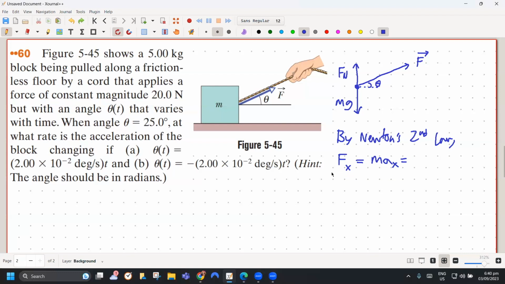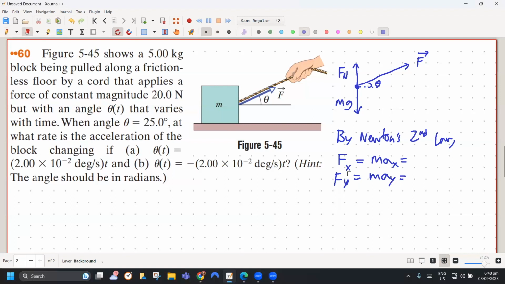Remember, you have three forces: gravity, normal force, at saka applied force. Set up mo yung dalawang equations. The first one for m acceleration x, m acceleration y. Tapos huwag mong gamitin yung fx, fy.